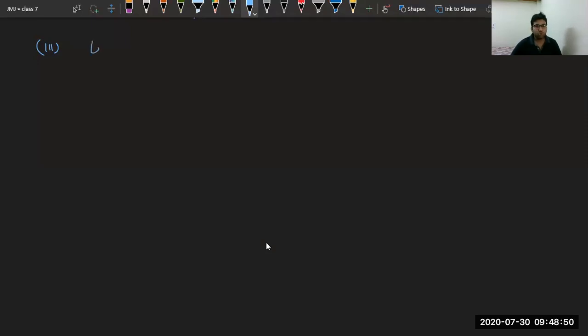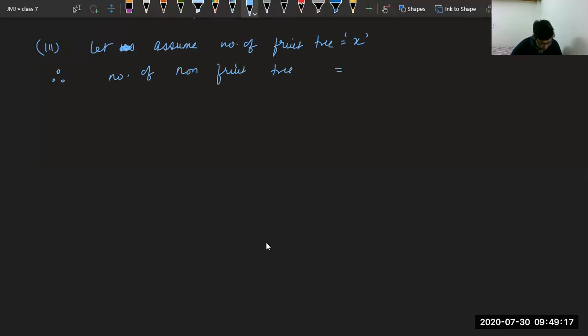So let's assume, we are not playing here now, we are doing it for official purpose. The number of fruit trees is equal to X. Therefore, the number of non-fruit trees will be how much, all of you?